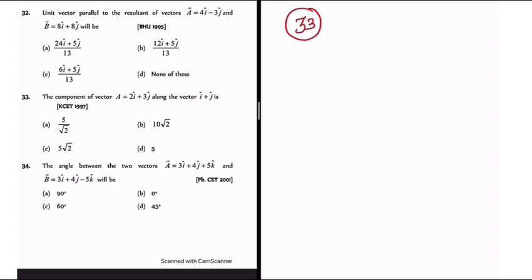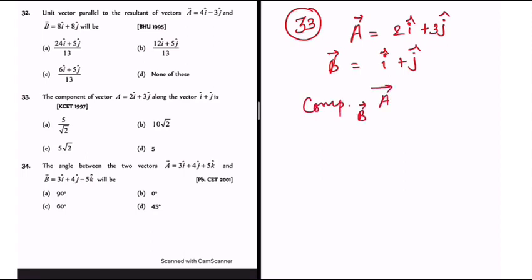The component of vector A equals 2 i cap plus 3 j cap along the vector i cap plus j cap is. Yes, one of my favorite questions. Component of A towards B is vector A dot B upon mode of B. And this also should be written in magnitude, so your answer will be positive only.